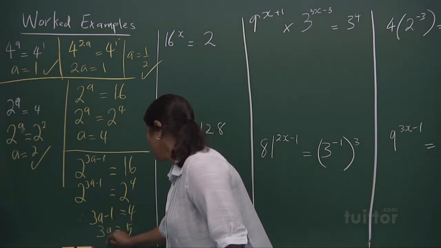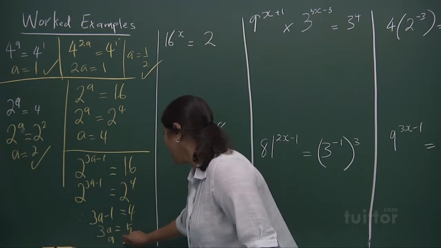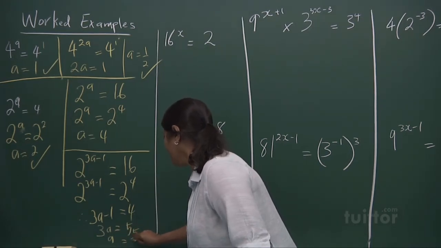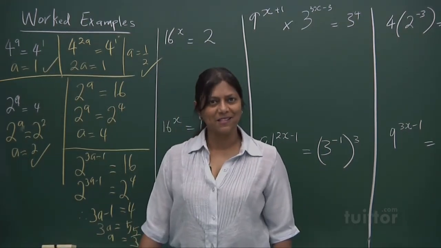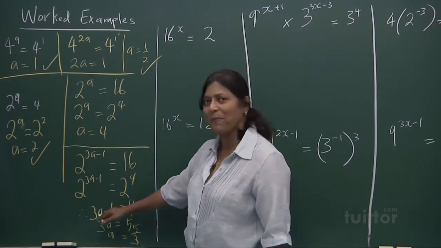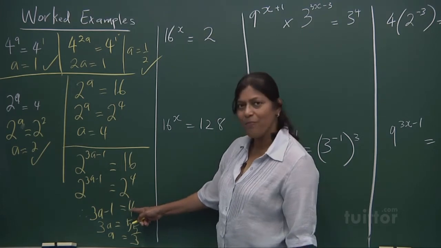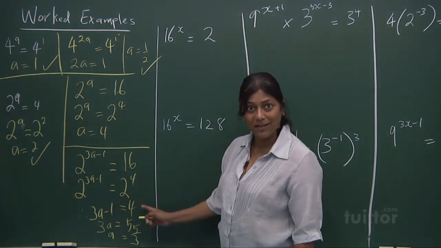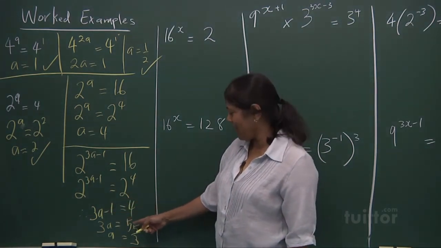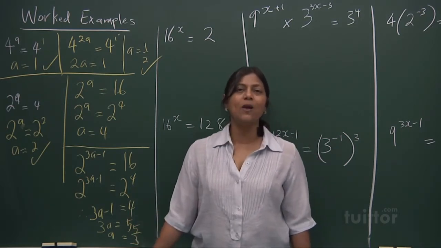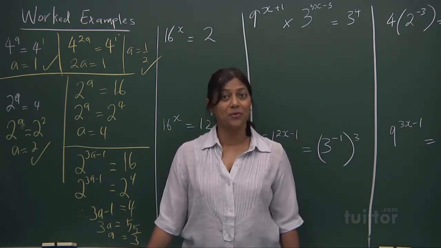And hence, your A will be 5 over 3. Isn't maths getting to be a little bit easier? Let me repeat. 3A minus 1 is 4. Bring your minus 1 over, you get a 5. 3A is 5. So A will be 5 over 3.